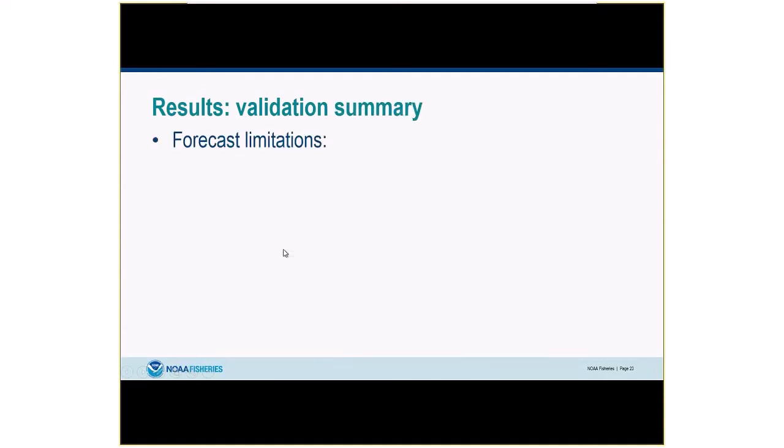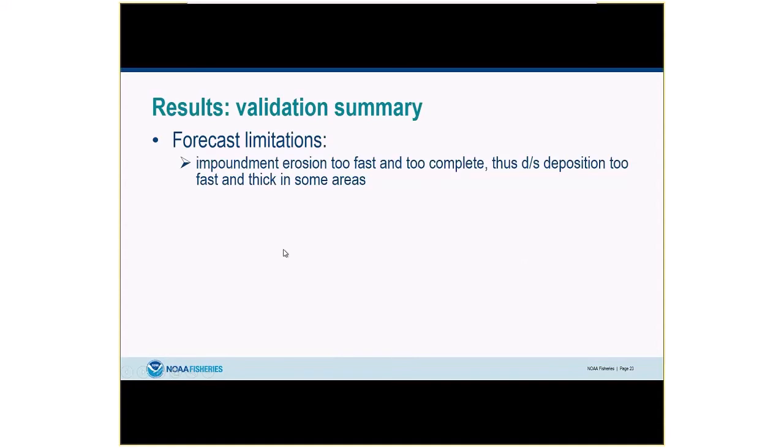Okay, so now I'm on slide 23, and I'm just going to sum up the validation results. The forecast had some limitations, and I've been emphasizing those as we looked at the plots, mostly where it hasn't performed very well. One of those, obviously, is that impoundment erosion was too fast and too complete, and so downstream deposition was too fast and thick in some areas.